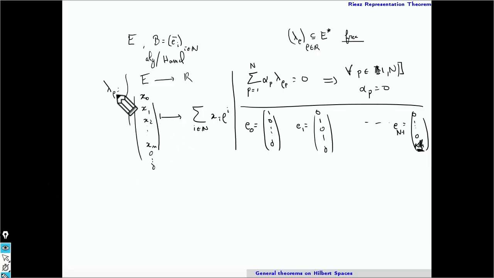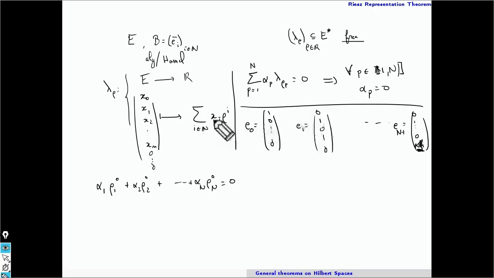So if I evaluate such a map on this vector, the only non-zero component is x0. So alpha 1, ρ1 power 0, plus alpha 2, ρ2 power 0, and so on, alpha n, ρn power 0 equals 0.